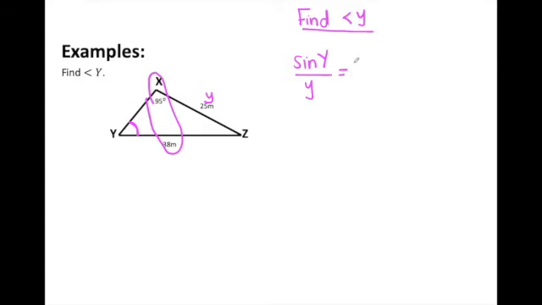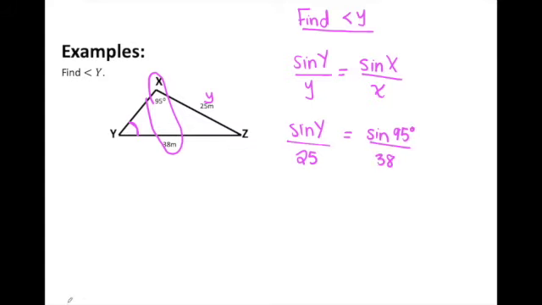And then you're going to do sine x all over side x. So for sine y, remember we do not know our angle yet, so we're going to leave that blank, but we do know our side. So you're going to put 25 in there. You do know your angle x, which is 95 degrees, all over that side, which is 38.